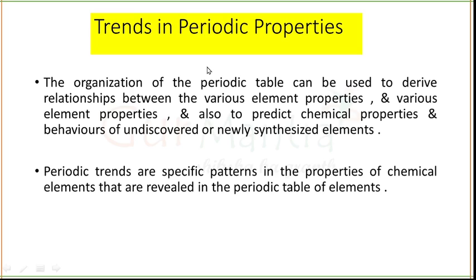So basically guys, trends means the periodic table is designed in such a way that you get some specific patterns in the properties of chemical elements, which the periodic table reveals. The organization of the periodic table can be used to derive relationships between various element properties and also to predict the chemical properties and behaviors of undiscovered or newly synthesized elements.